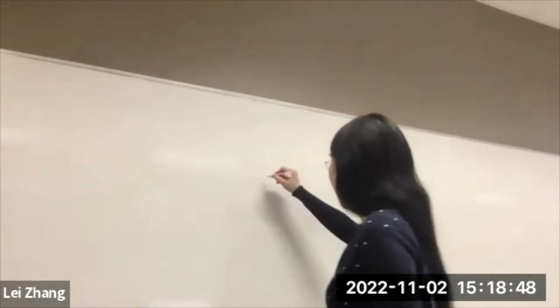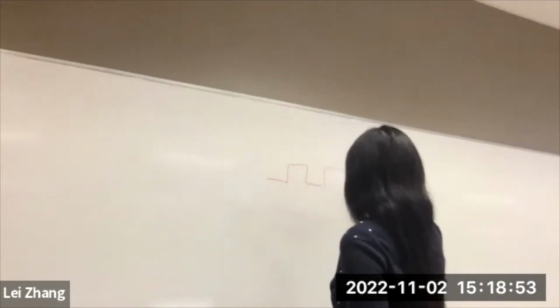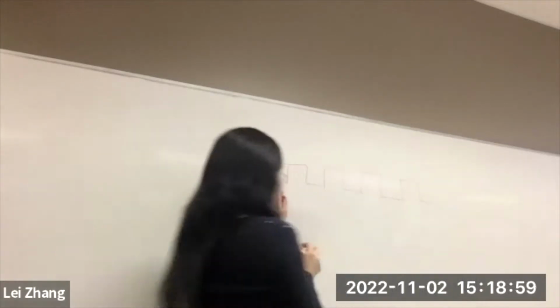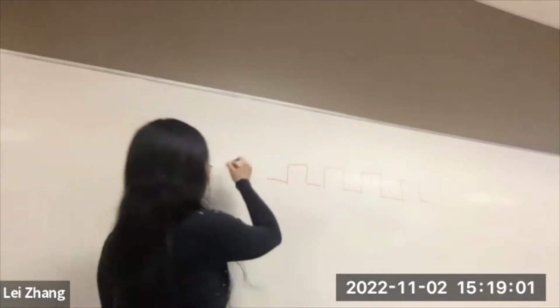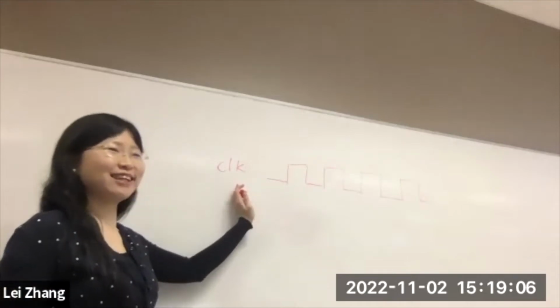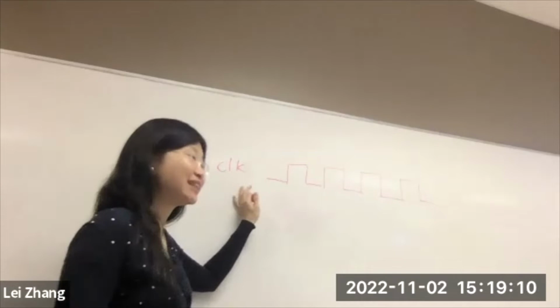So, the definition of clock. When we talk about a clock signal, normally we have a 50% duty cycle. The clock signal is the most important signal in our system, in a synchronous system.